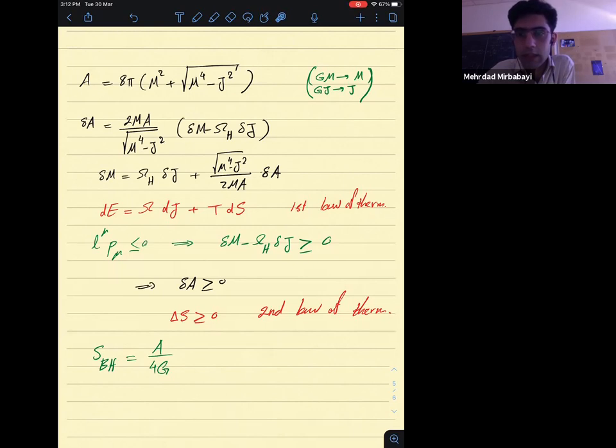But those are very particular solutions, so it's not for a generic Kerr or Schwarzschild solution. They have to be supersymmetric solutions so that there is a lot of analytic control.